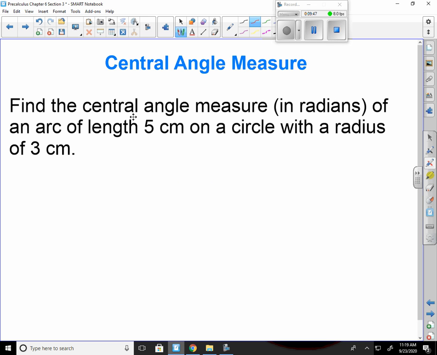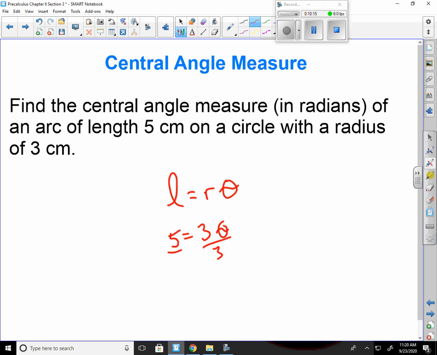Find the central angle measurement in radians of an arc length of 5 centimeters on a circle with a radius of 3 centimeters. This comes right back to my formula. L equals r theta. So now I know that my arc length is 5 and my radius length is 3. And that just leaves me trying to find my central angle.